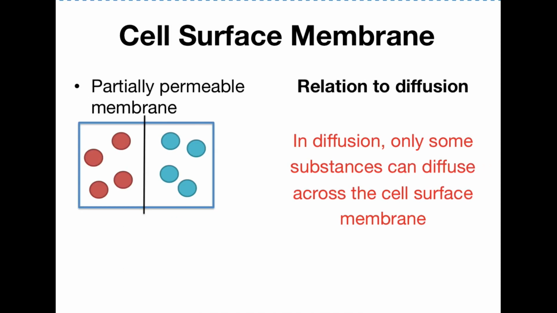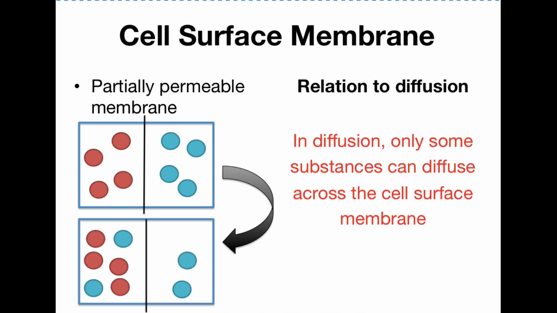So here's a little recap on the previous chapter on cells. The cell surface membrane is a partially permeable membrane. So this means it's able to regulate the substances moving in and out of it. While some substances are able to pass through it, like oxygen and carbon dioxide, other particles are unable to do so, like proteins.